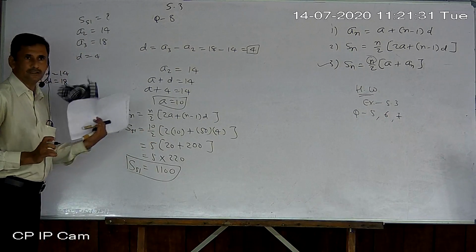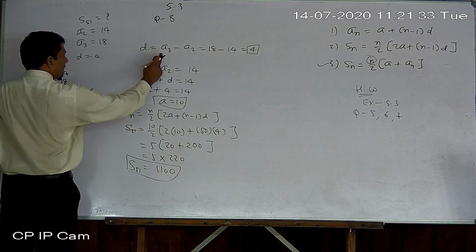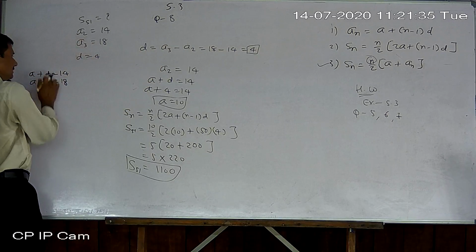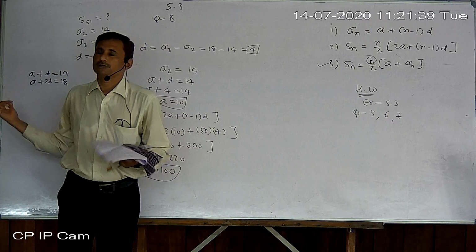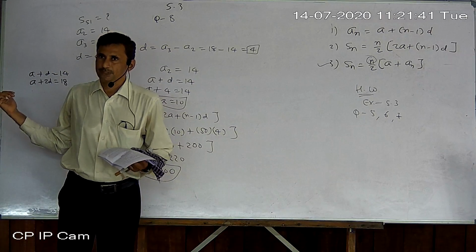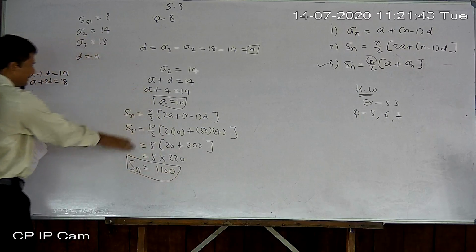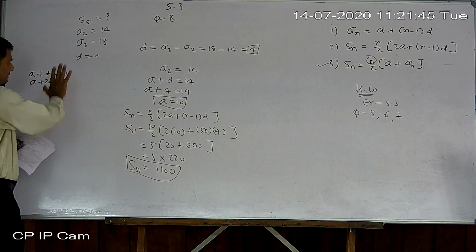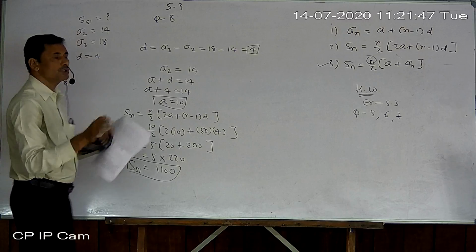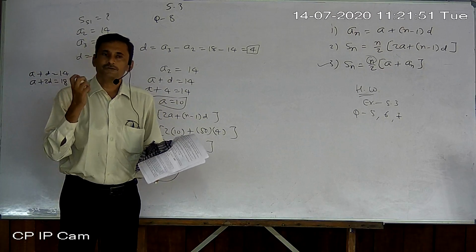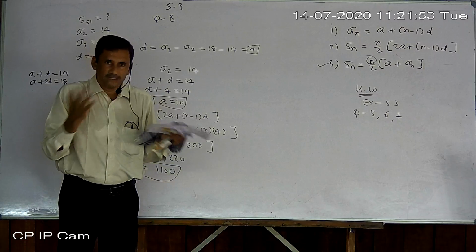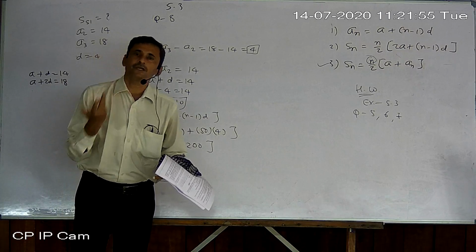But we can directly find because consecutive terms are given. Otherwise, just like exercise 5.2, you can solve here also. So this is repeating types, nothing is new. Two A's are given or two S's are given or one An and one Sn given. We can form two equations and solve both equations. So A and D we can find.